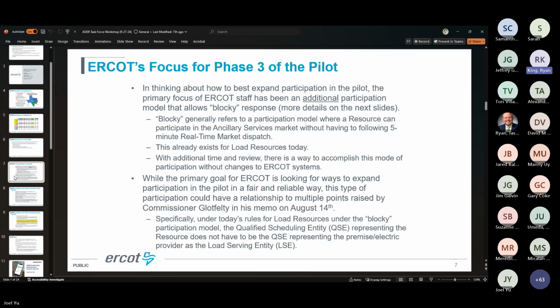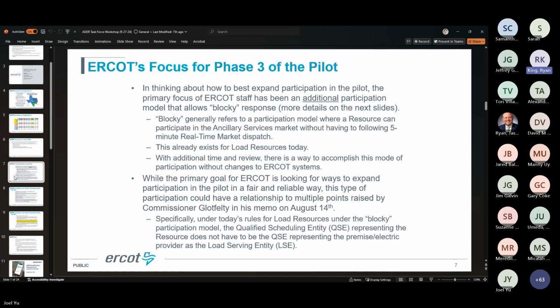So we've had a number of discussions where we're trying to understand where the current design may be creating barriers to participation and what opportunities can be realized from ERCOT's perspective. And that focus has really been around this question of participation. Obviously, we're pleased with the amount of participation that we have at this point, but we also are looking for ways to expand that and see more of these resources participating.